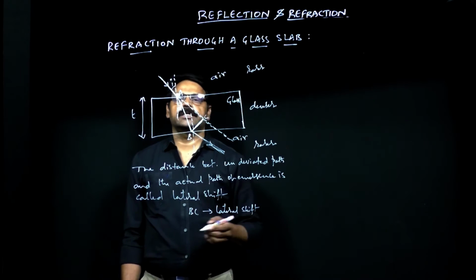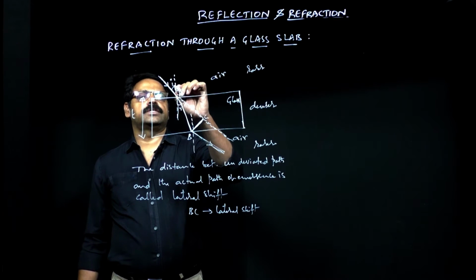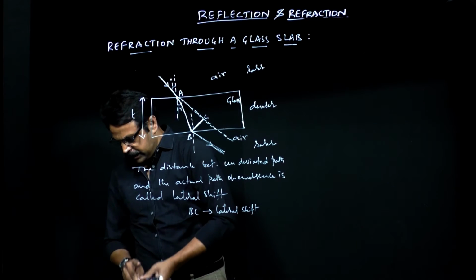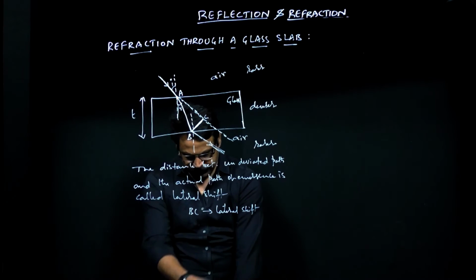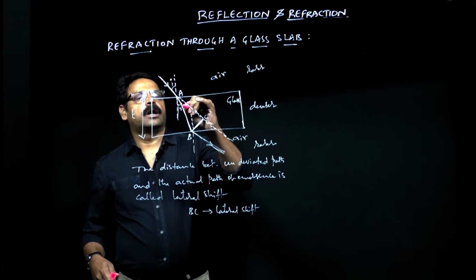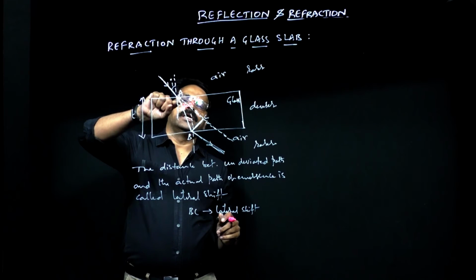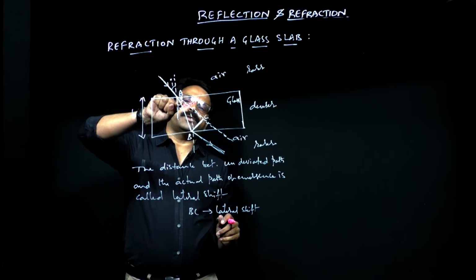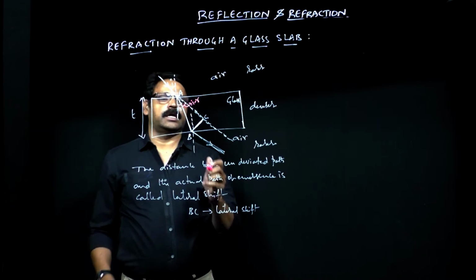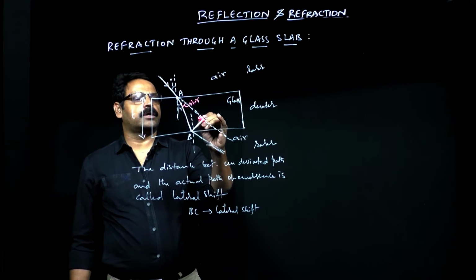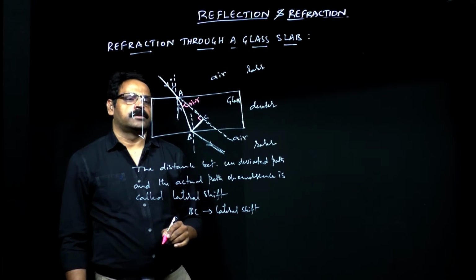For calculating this, obviously, if this is I, this angle is going to be I minus R, because this total angle is I, so this R is subtracted. So I minus R is this angle. And here a perpendicular is drawn. This is 90 degrees.